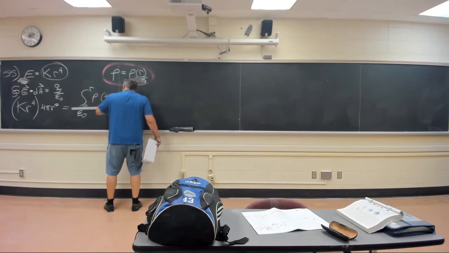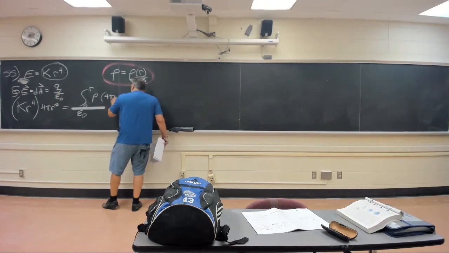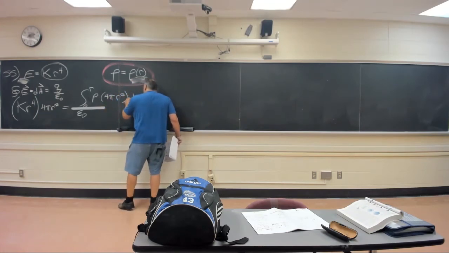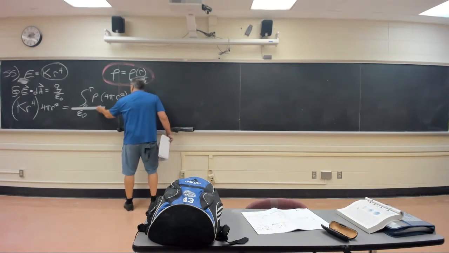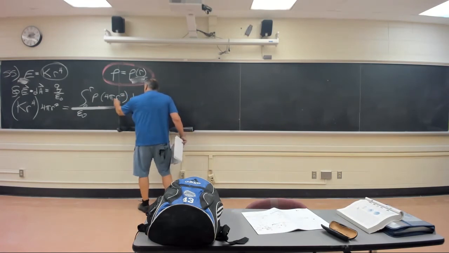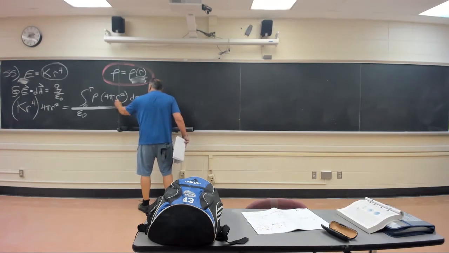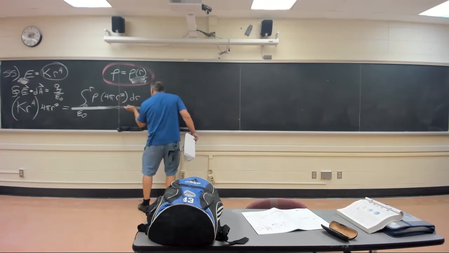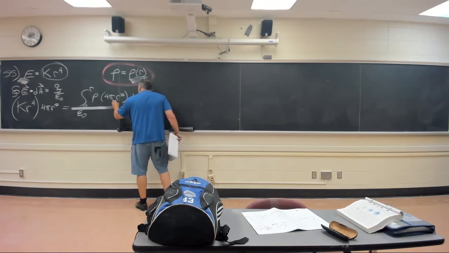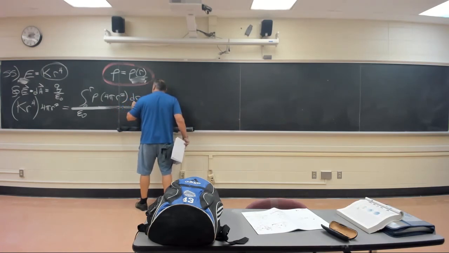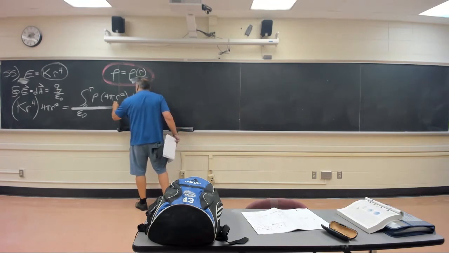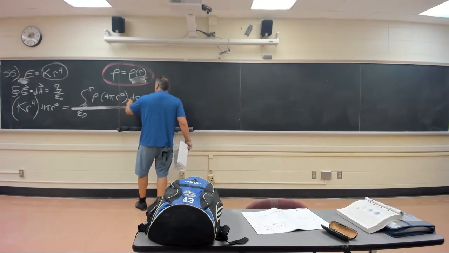The rho function is the rho at r. Yeah. A shell is 4 pi r squared area. Area times dr will give you a differential volume. Area times a differential length perpendicular to the area. This is the area, and then you're going to shoot outward perpendicular to the surface area, 4 pi r squared. You're going to shoot out a perpendicular distance, dr. dr times 4 pi r squared is the differential volume.